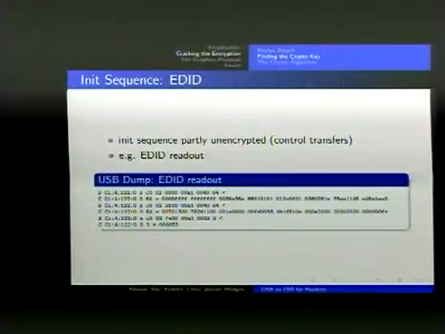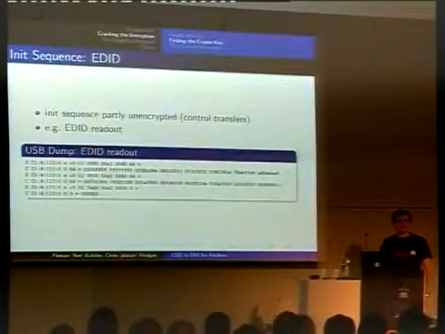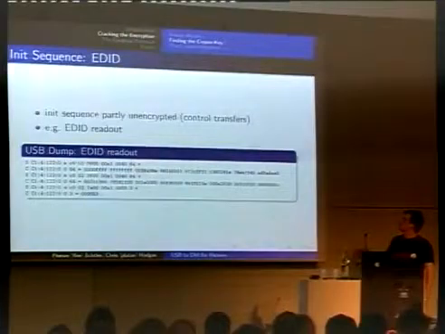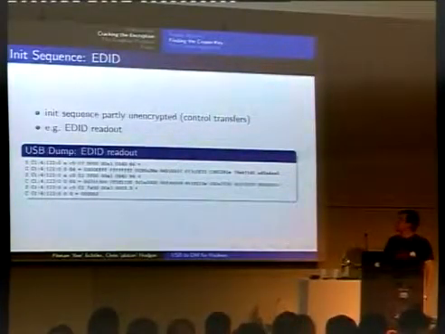One interesting part was that all of this was in fact USB bulk transfers. So everything the device does is bulk transfer, with one small exception, which is at the very start. When you initialize the device, then some control transfers happen which are not encrypted. So for example, what you get here is the readout of the monitor description.